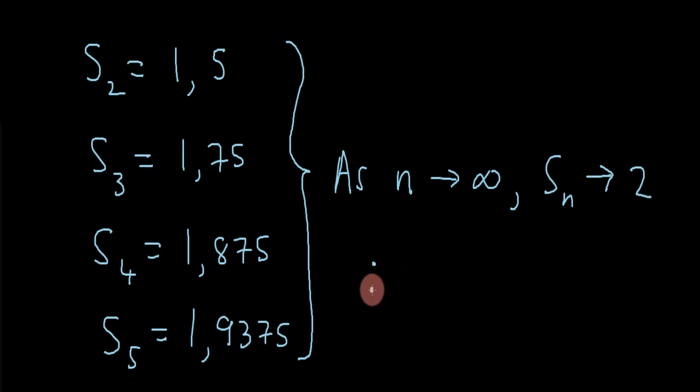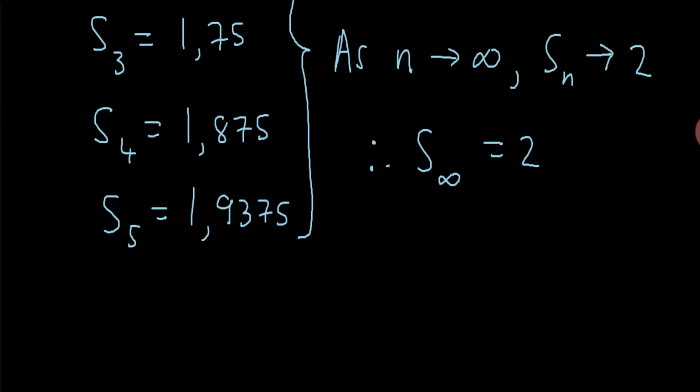So we can say that the sum to infinity is equal to 2. We're going to get closer and closer to 2, never quite reaching it. In this case, the sum to infinity is not infinity, it's equal to a number. So we say that this infinite geometric series is convergent.